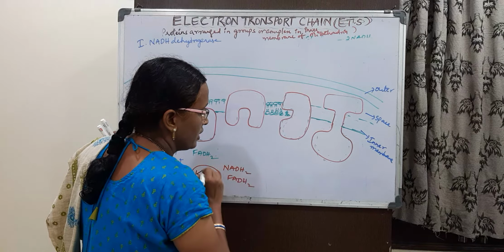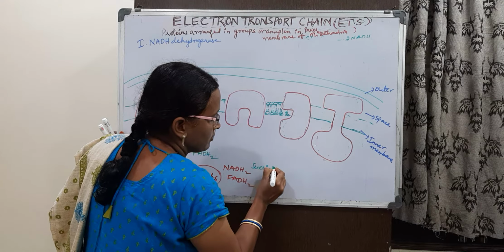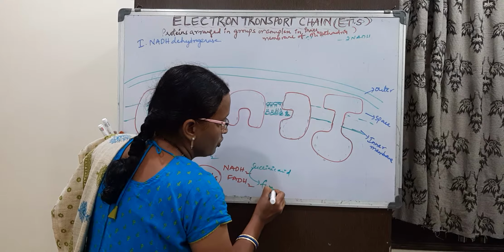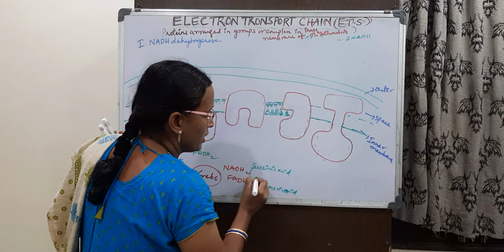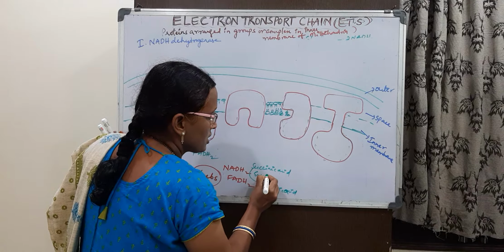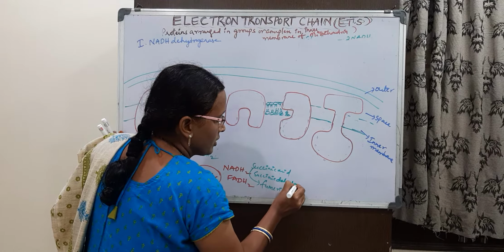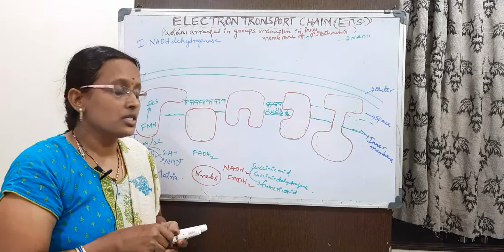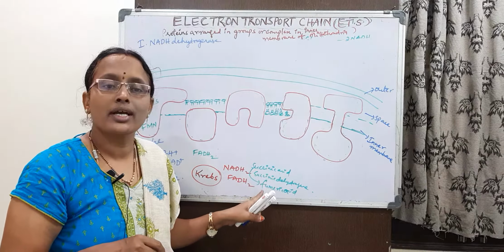FADH2 is produced when succinic acid is transformed to fumaric acid in the presence of succinate dehydrogenase.